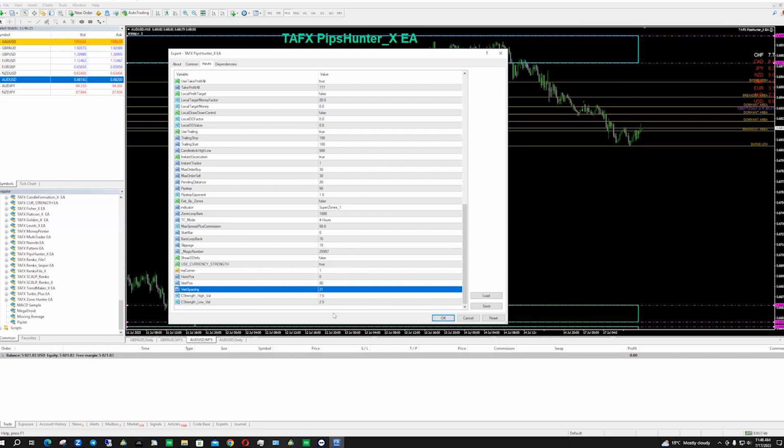But those are for the people who want to confirm everything: confirm support and resistance from a big time frame or supply and demand zone, confirm a candle pattern, and also confirm the strength of the currency.